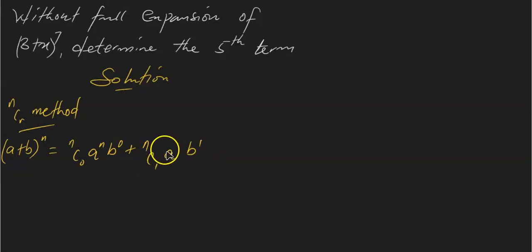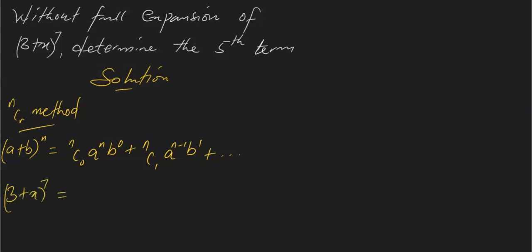Then for a here, we'll have n minus 1, such that when we add the powers n minus 1 plus 1, we get this n, just like that.